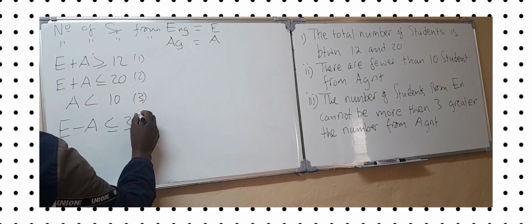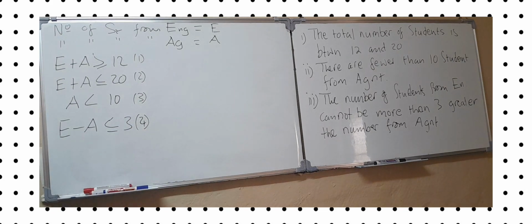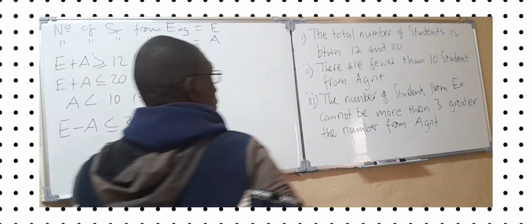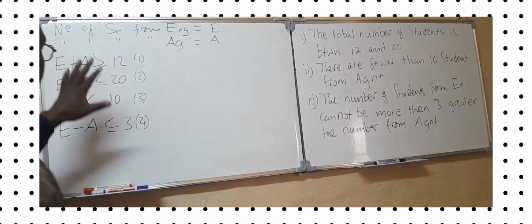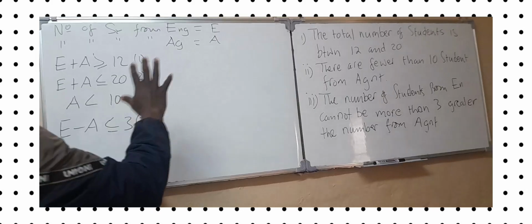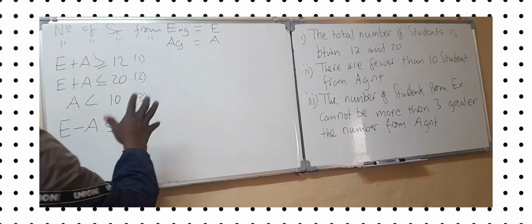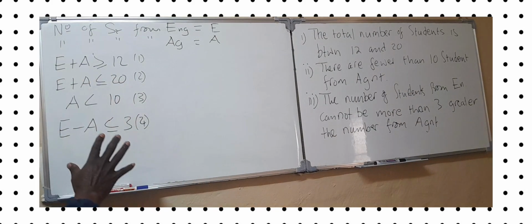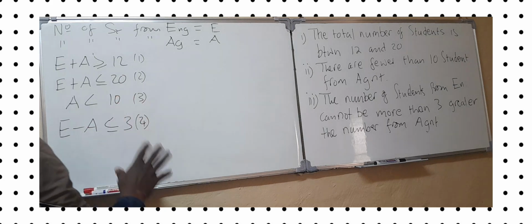Sorry, that's 4, sorry. I beg your pardon. Now we have converted all this information into mathematical language. What is left now is for us to plot the graphs of all these equations, shade the unwanted regions, and then we look for our solution in the remaining unshaded region.